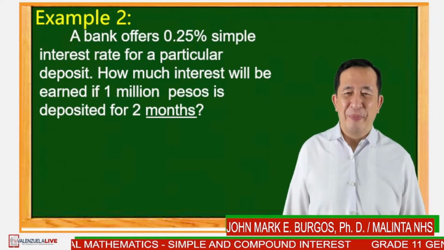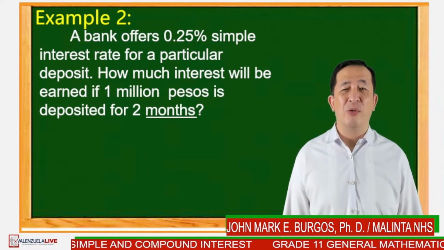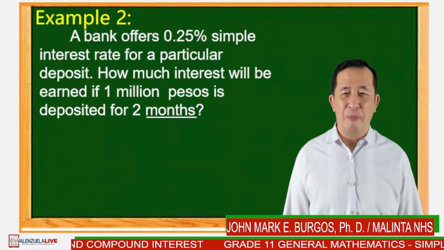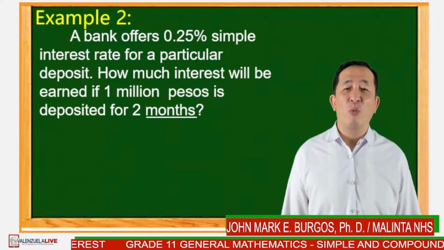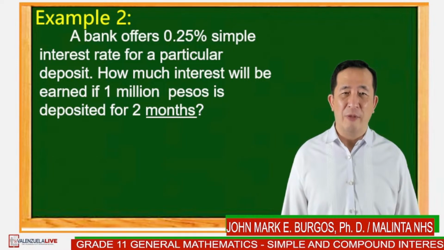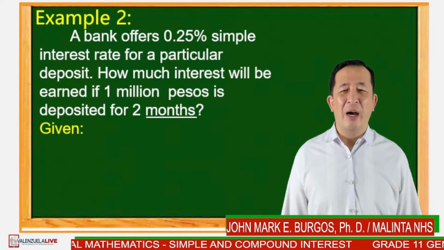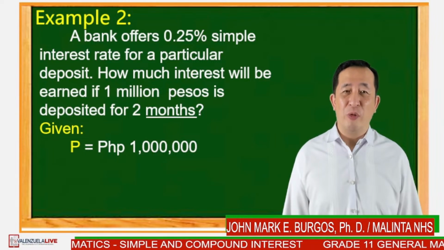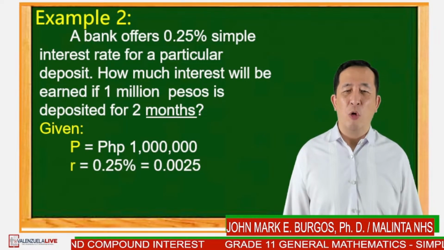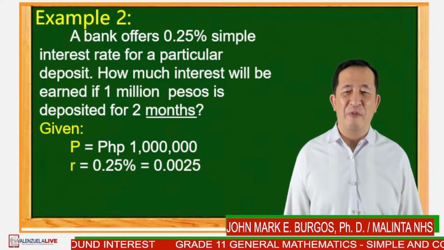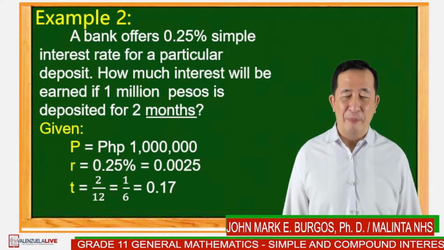Example 2. A bank offers 0.25% simple interest rate for a particular deposit. How much interest will be earned if 1 million pesos is deposited for 2 months? From the statement, the given are 1 million pesos for the principal, 0.25% or 0.0025 for the rate, and 0.17 for the time.